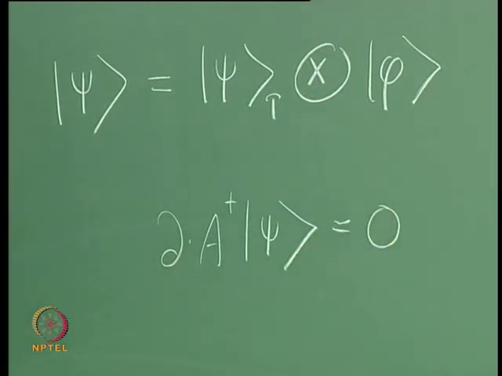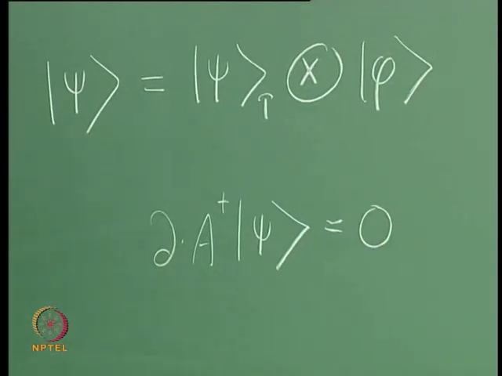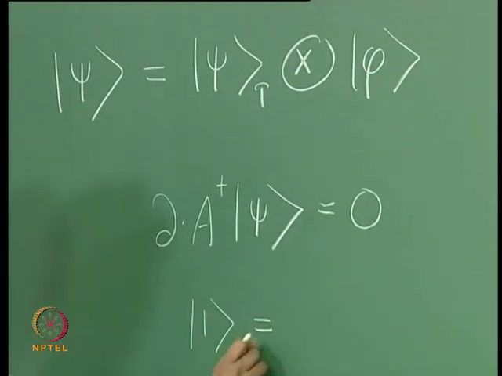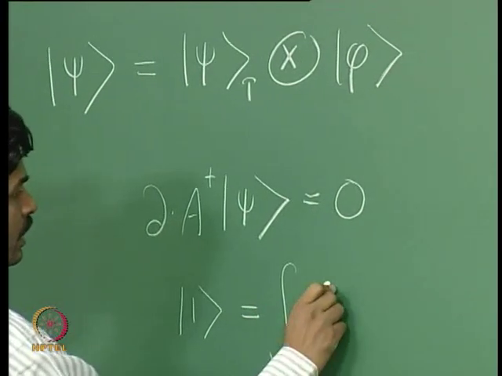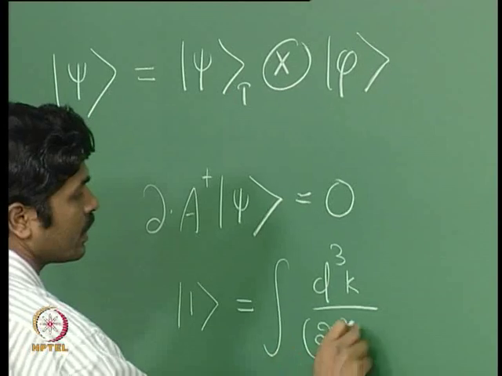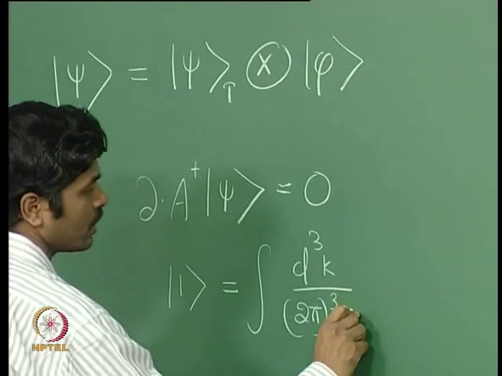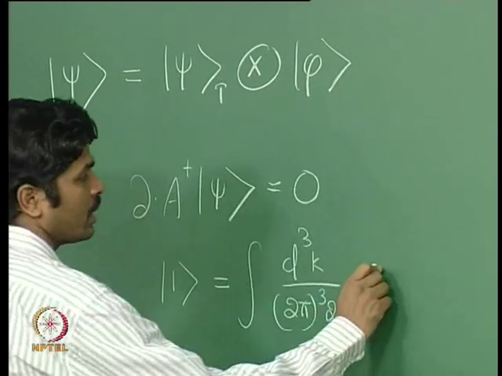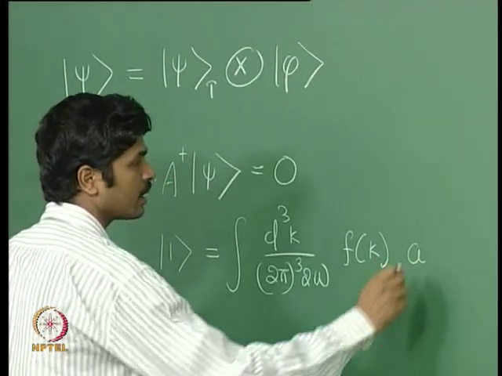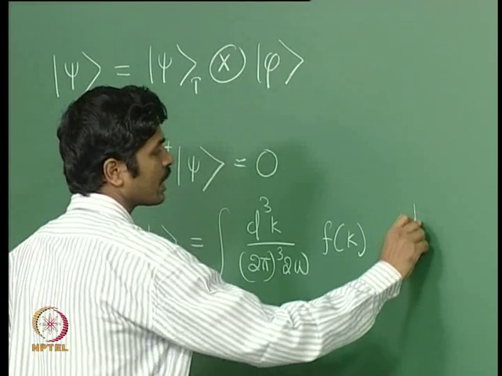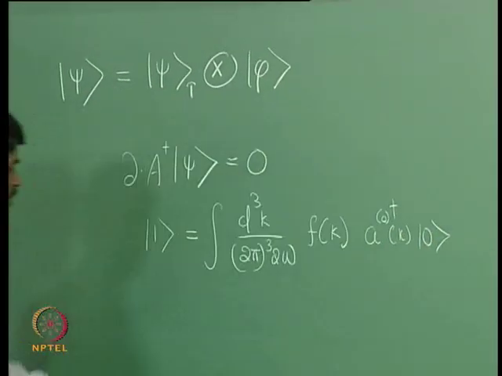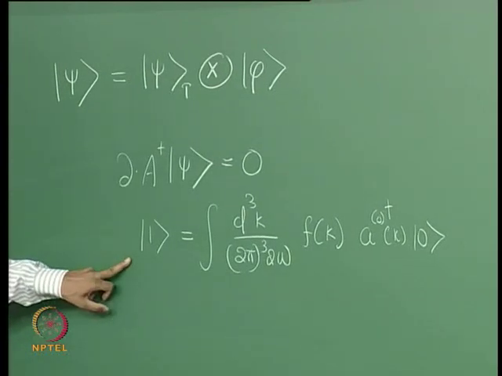For example, we have considered the one particle state, which is given by the integral dq k over 2 pi q 2 omega f of k times a 0 dagger k acting on the vacuum, and we have seen that this state has negative norm.